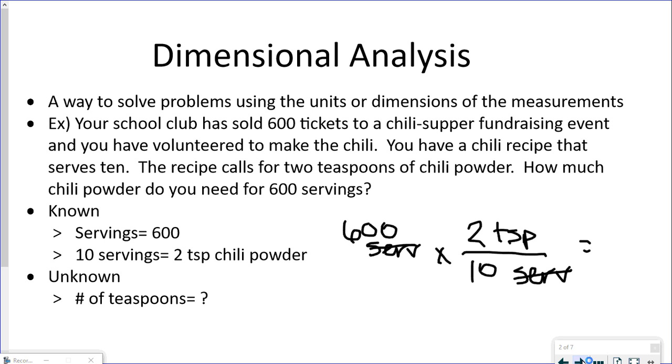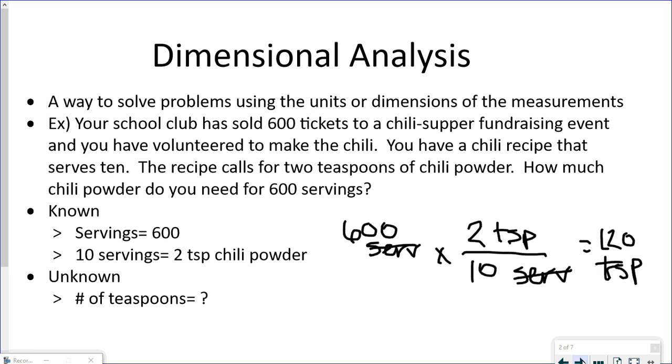So in your calculator, you're going to do 600 times 2, and any number on the bottom of the fraction you're going to divide by. So we're going to divide by 10, and you should get that that is 120 teaspoons of chili powder. Excuse me, that was a little messy.